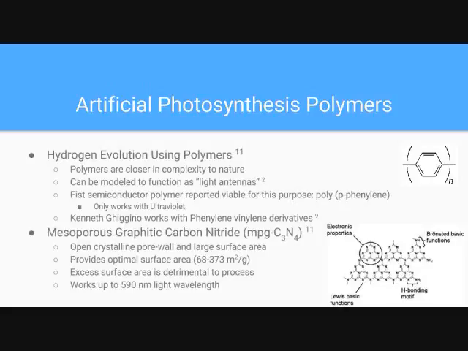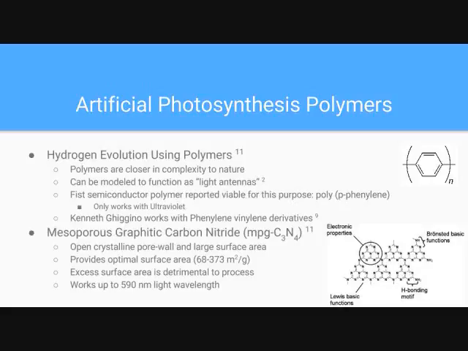Another compound which has been found to be able to function as a light antenna is mesoporous graphitic carbon nitride, or MpGC3N4. As you remember, the mesoporous characteristic of certain compounds allows them to absorb light more efficiently than non-mesoporous compounds. Mesoporous graphitic carbon nitride also has open crystalline pore walls and a large surface area, which make it really useful for absorbing light.